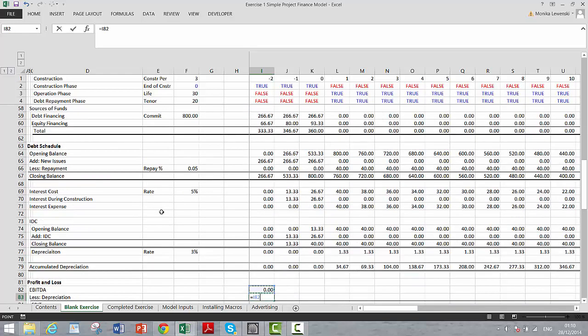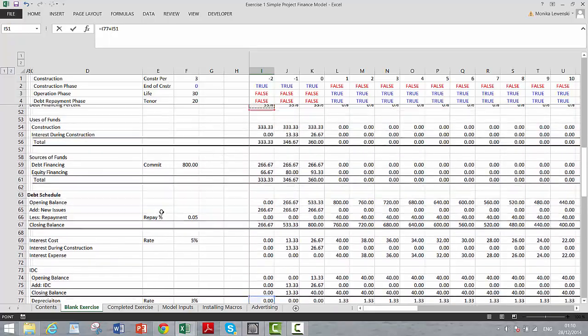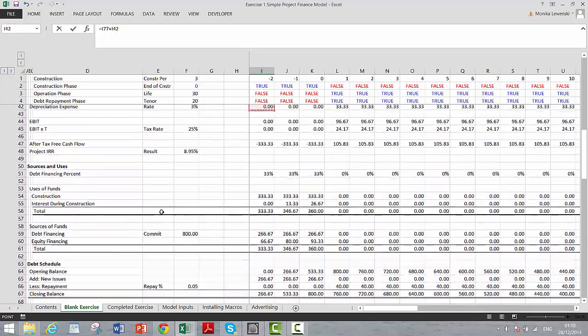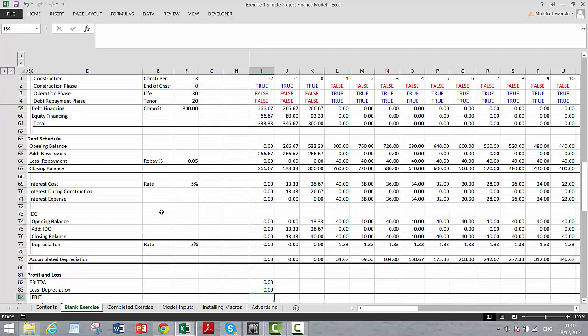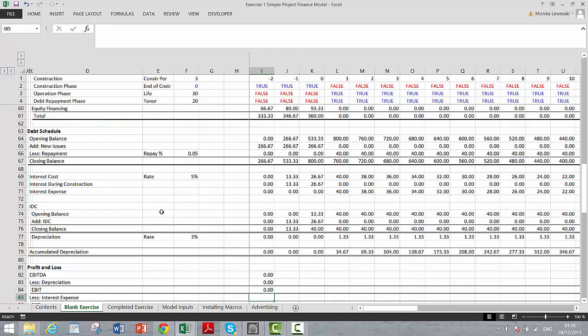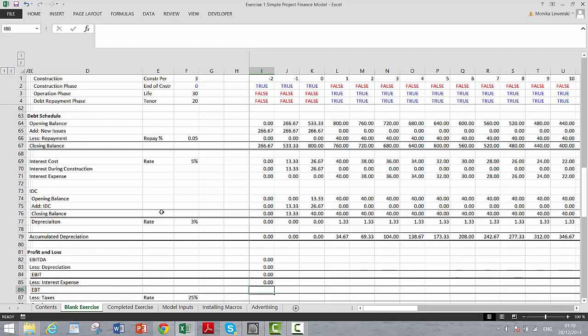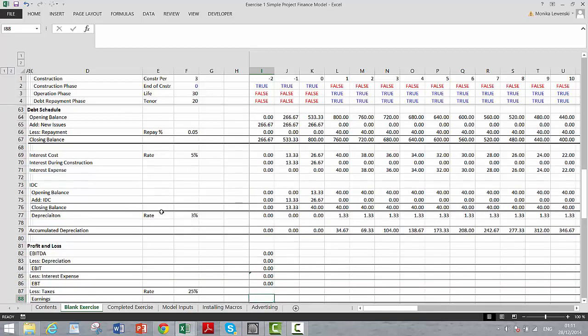We get our depreciation, which is our depreciation on our interest during construction, which comes after free cash flow, and then our depreciation expense that was just basic, and then we just start computing some subtotals, and then we can take our interest expense, not our interest cost, and then we can take that difference and get some deductions.